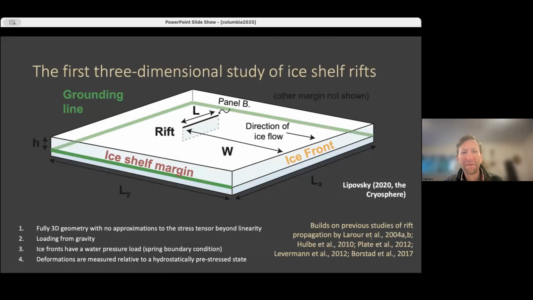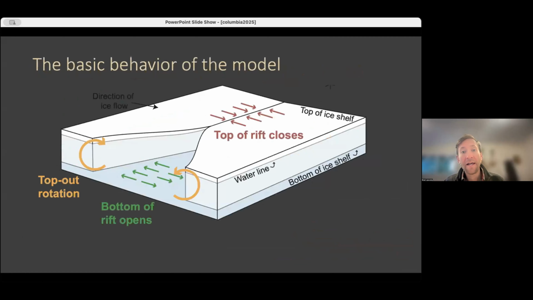I don't think I have enough time to go into a lot of this, but we've also done three-dimensional modeling of rifts. The previous models I've shown are all highly simplified. One of the cool things we get out of that, which again I think has a good tectonic analogy, is that there's flexure. Because 90% of the ice shelf is underneath water and 10% is on top, the part underneath the waterline experiences a depth-dependent pressure, but the part above doesn't.